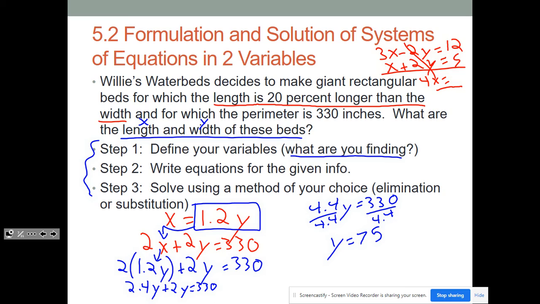All right, and that would be my width. We also want the length too, in this case. So we plug 75 into whichever equation looks easier, which would probably be the top equation. Plug it in for y. There's our length.